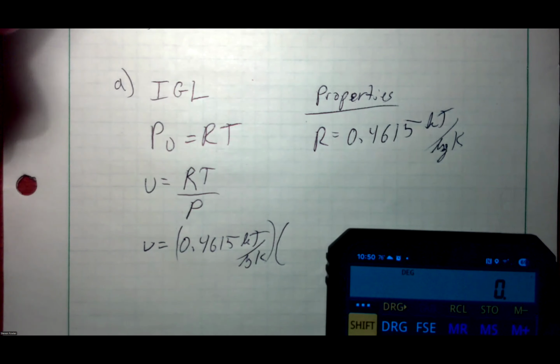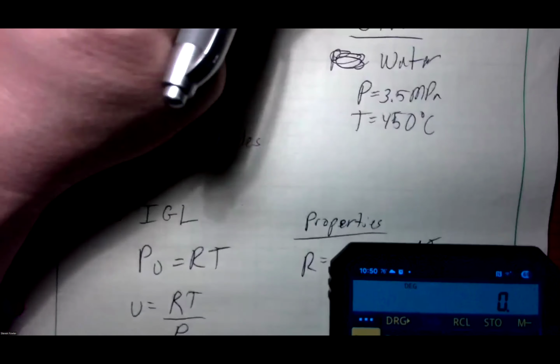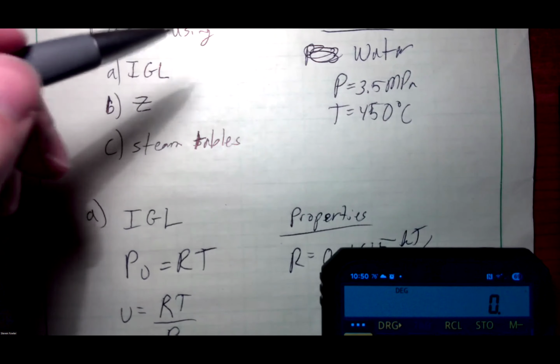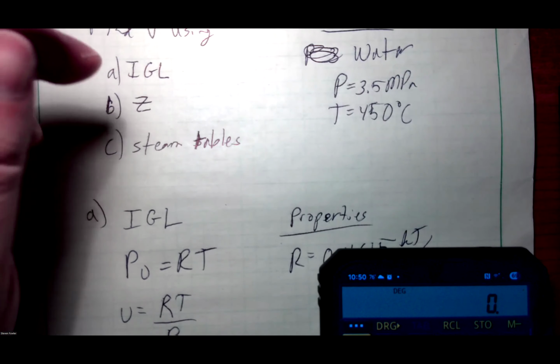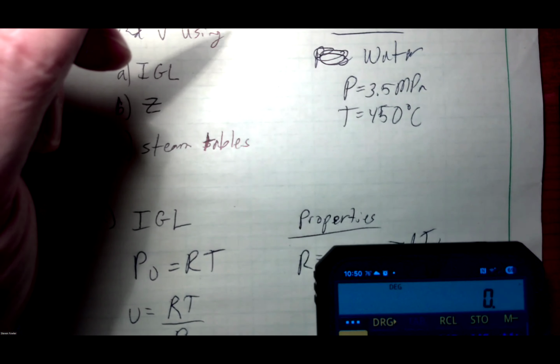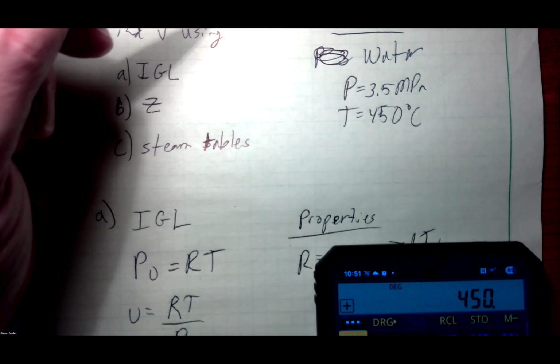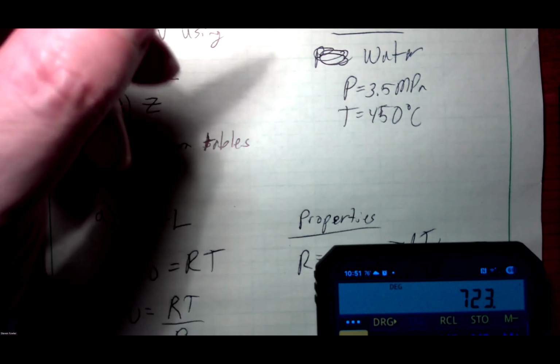And here's where I would ask the class, okay, what's my temperature? Somebody will inevitably say, oh, it's 450. I say, okay, so what's my temperature? 450 is not my temperature, at least not as far as the ideal gas law is concerned.